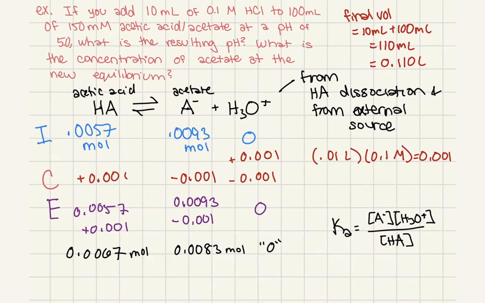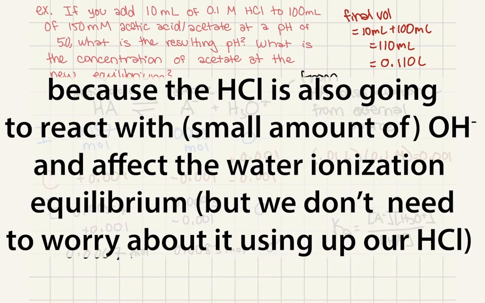Although we'll see later that this is not going to be the value that we use to calculate the pH, because just how we were ignoring the amount of H3O+ in the water in the beginning, we're still going to have to consider the amount of H3O+. And it will have changed. So there will be a change in that H3O+ value.